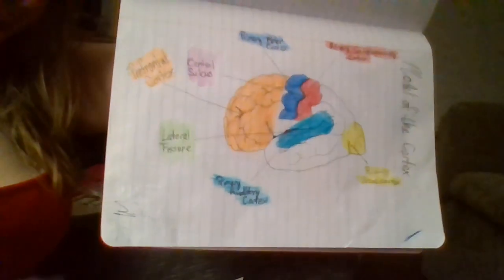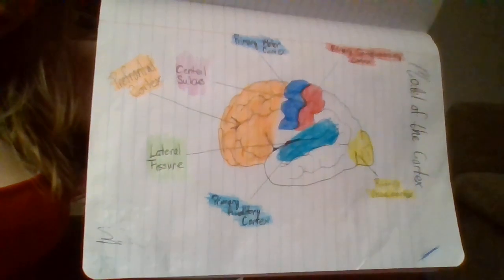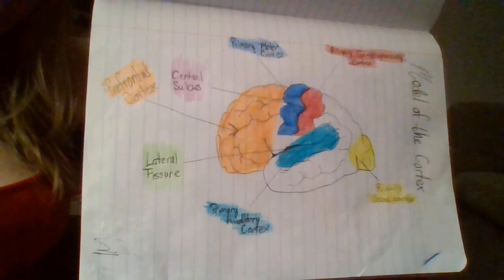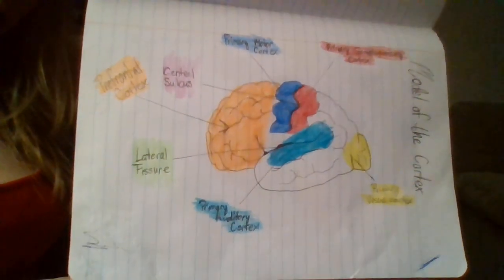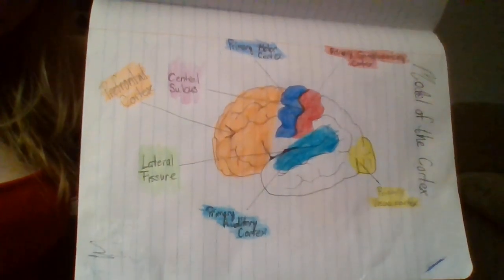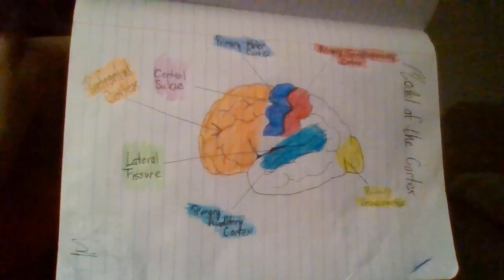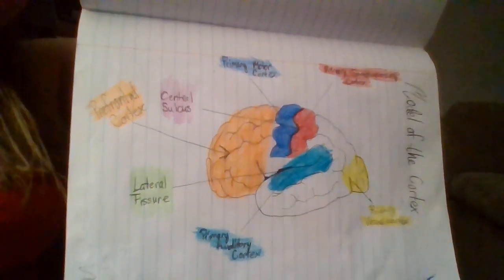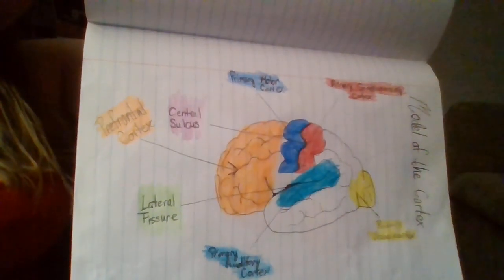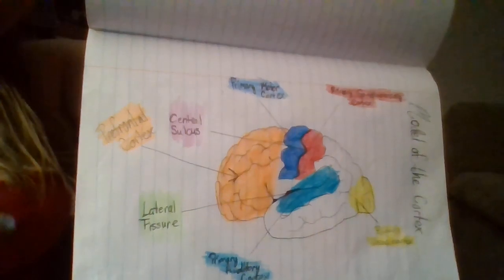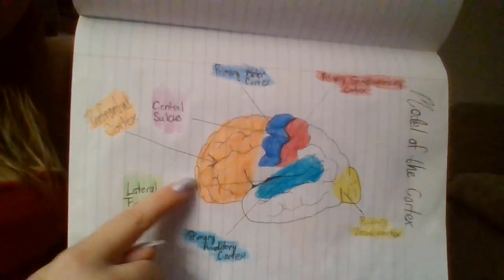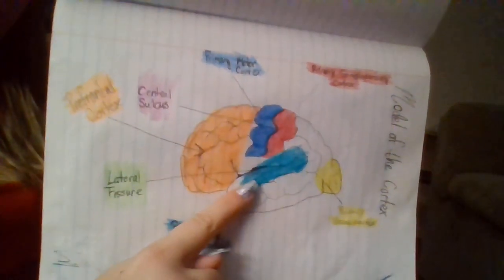It is a deep groove or sulcus on the surface of the brain that separates the frontal and parietal lobes from the temporal lobe. It's one of the most prominent features of the cerebral cortex and is found in both hemispheres of the brain. The insula is a hidden lobe located deep within the lateral fissure. So the lateral fissure is this little line right here in between.